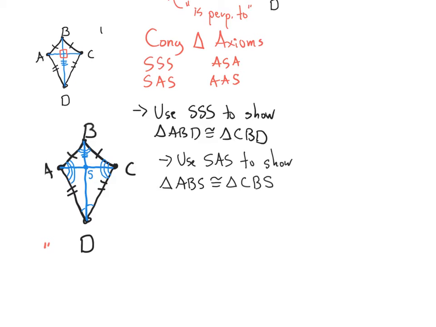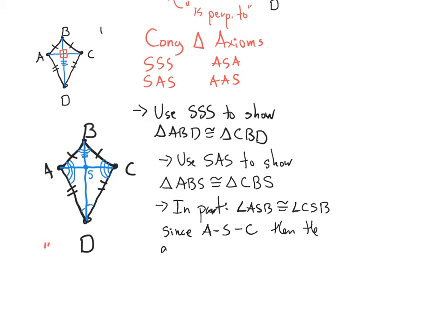So let's just quickly write that as a little note to ourselves. In particular, we get that angle ASB is congruent to angle CSB. And since S is between A and C on the same line, the above angles are supplementary.